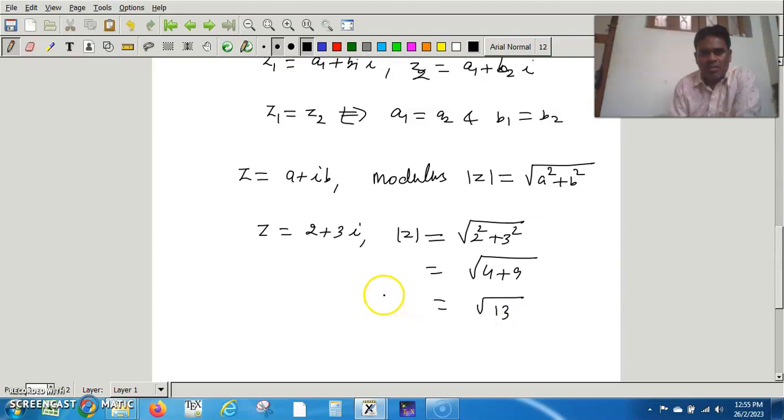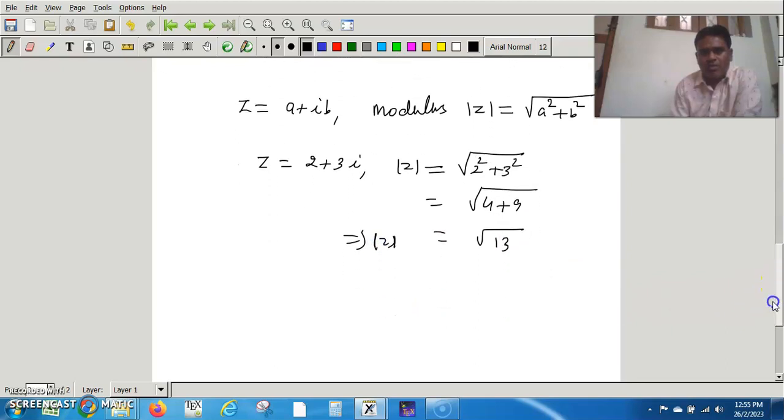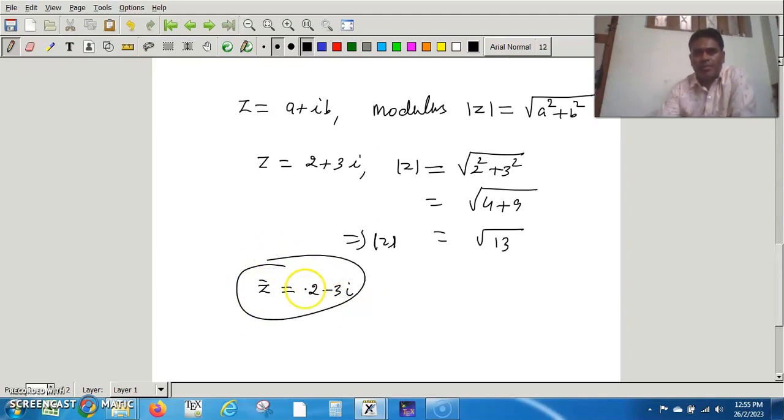So this is the modulus of the given complex number. Now suppose if you want to find the conjugate of this complex number, then you just need to change the sign of the imaginary part. So you will get the conjugate of the complex number.